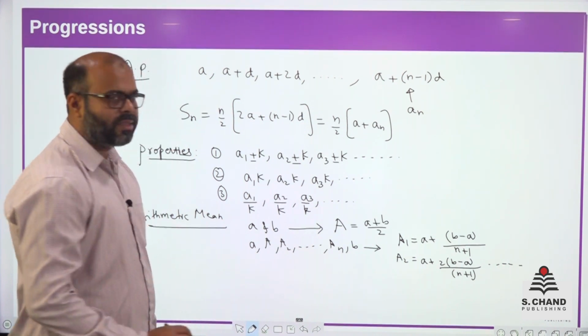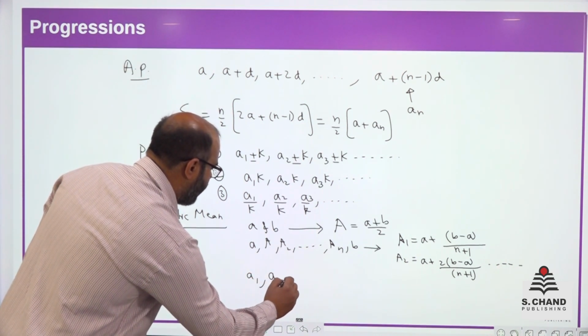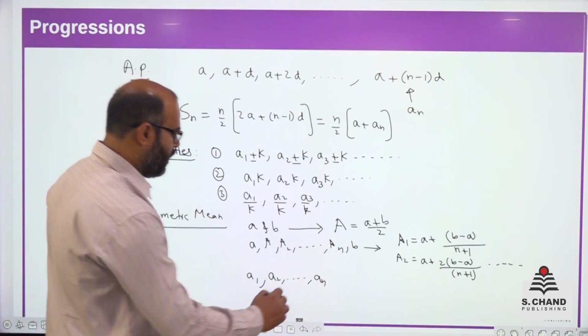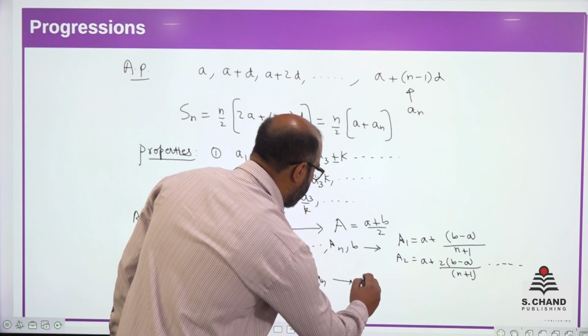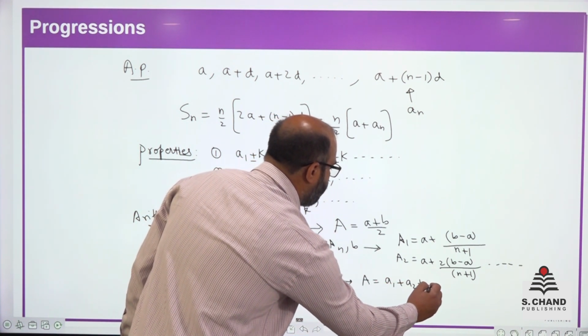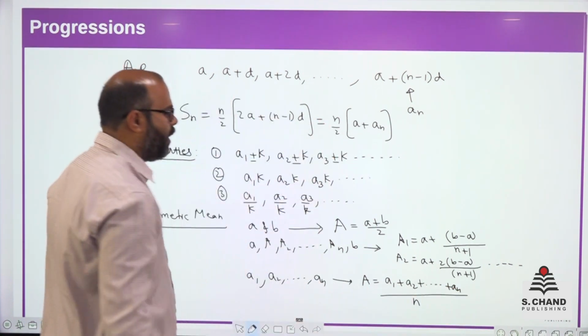Now if there are n terms of any type, and you have to find their arithmetic mean, then the arithmetic mean is A equal to (A1 plus A2 plus dot dot dot plus An) upon n.